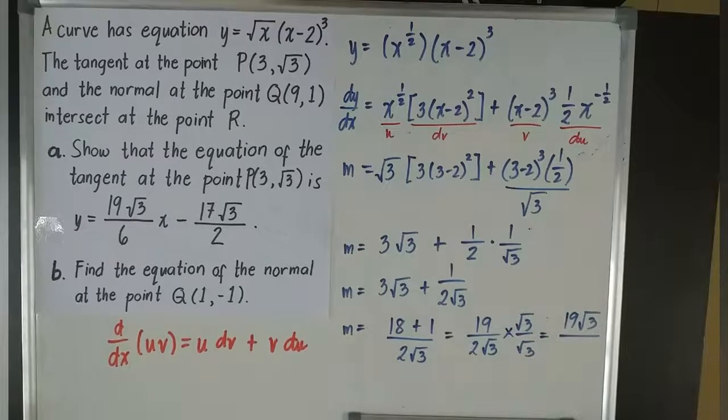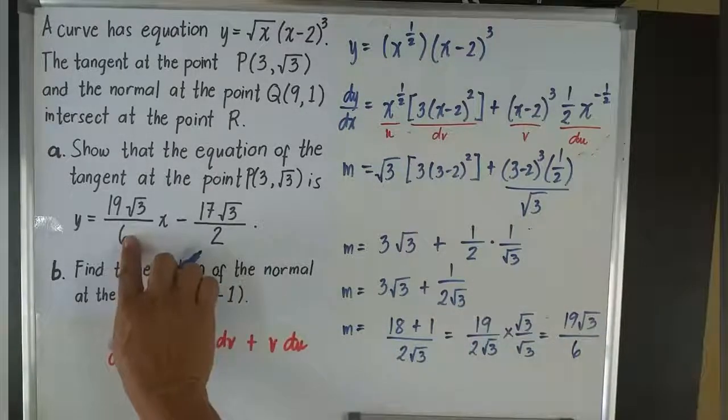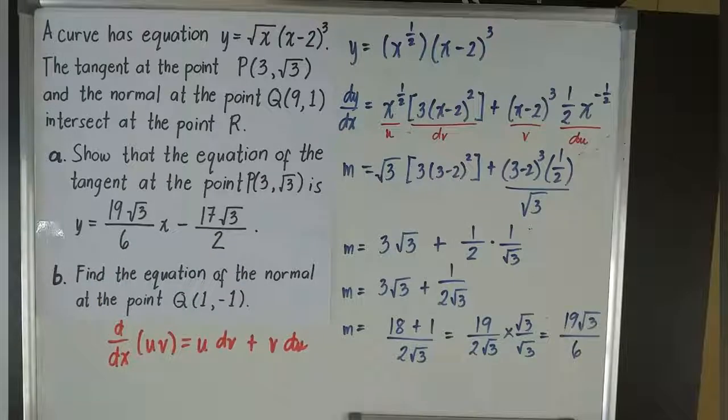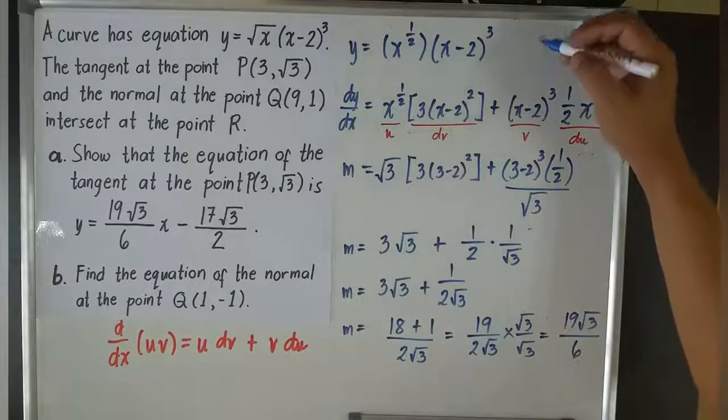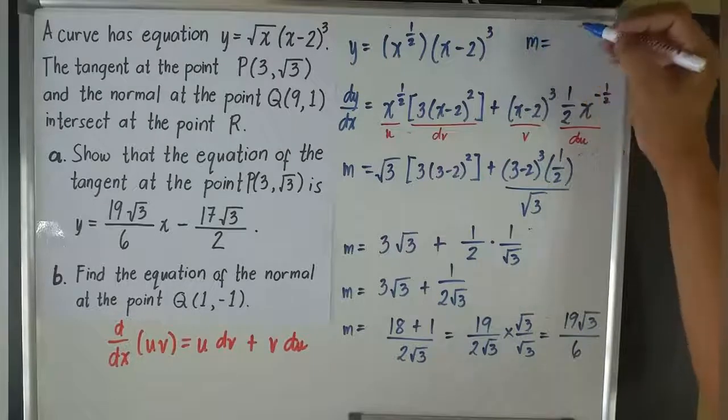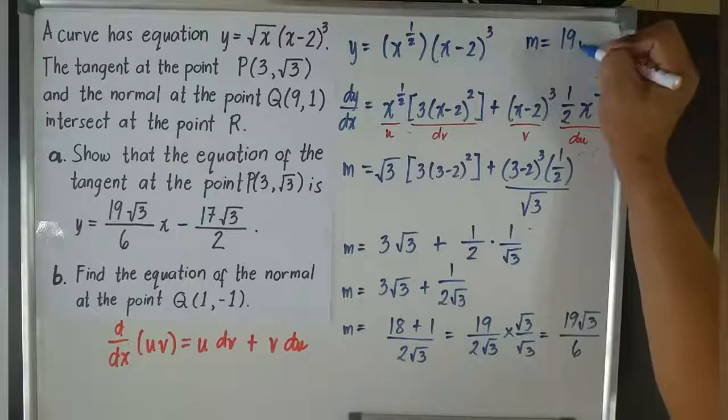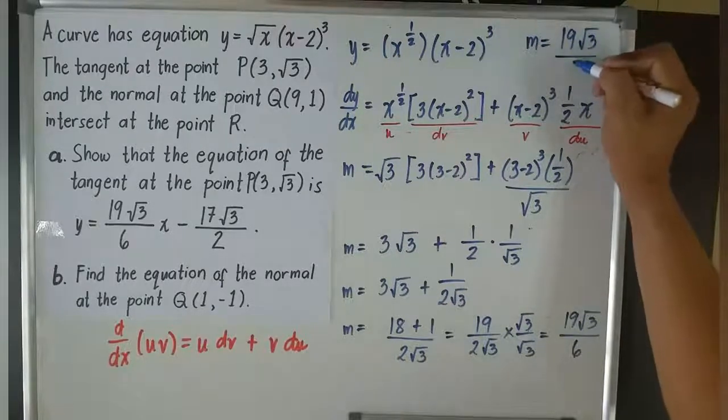Square root of 3 times square root of 3 is square root of 9, which is 3. 3 times 2 is 6, you see? So that's the m. You know now that m is equivalent to 19 square root of 3 over 6.